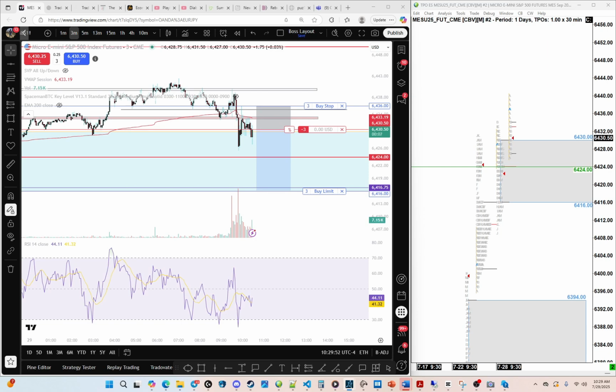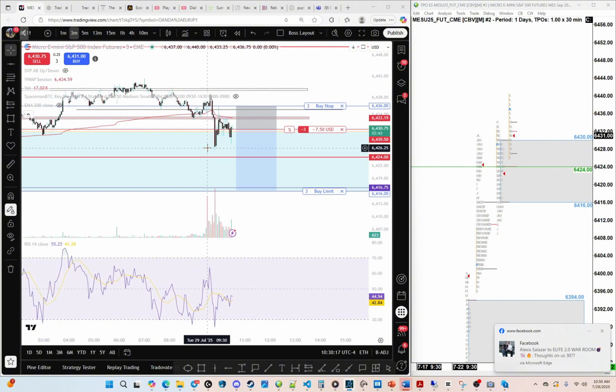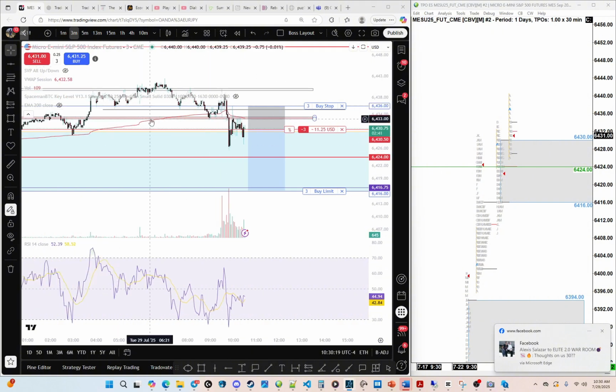All right, we got 1 minute to the 15 and the 5 minute close. See what we get here. So we just had a strong 5 minute close. Still below the VWAP though.